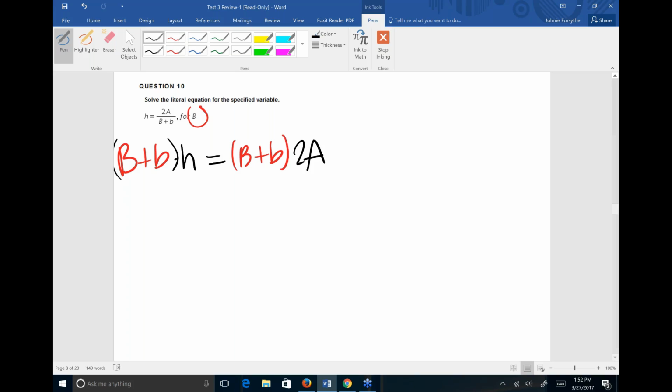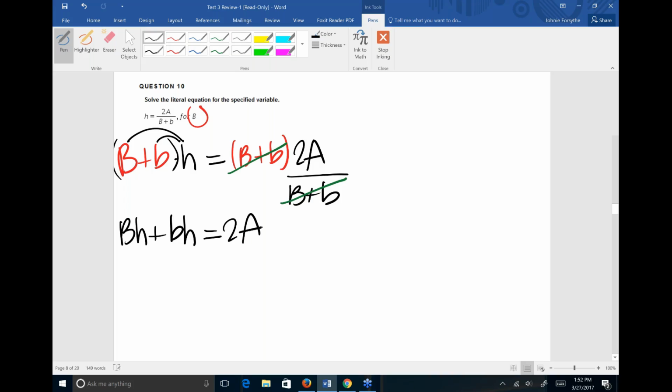So we multiply both sides by B plus b over B plus b. There we go. All right, so now let's see what happens. So on the left, let's just distribute the h. So we have big B times h plus little b times h equals B plus b cancels with B plus b. So I just have 2a equals 2a.